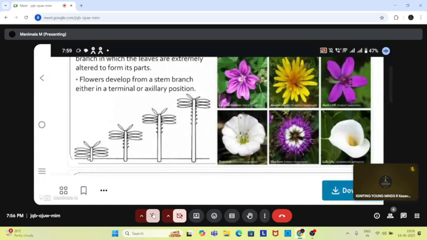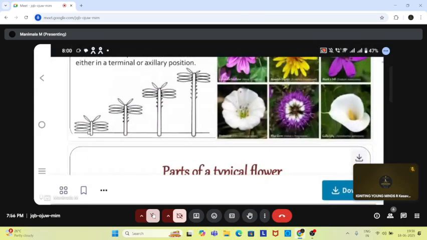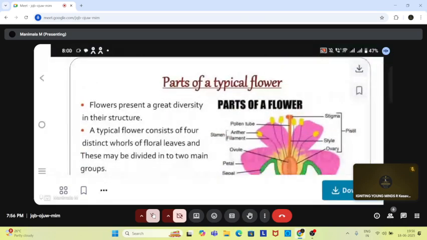And sometimes flowers are produced in the axis, the nodal regions. If flowers are produced there, that is called the axillary position.